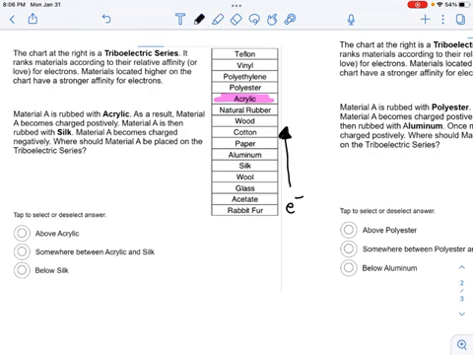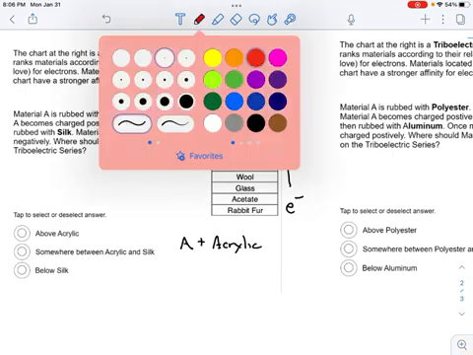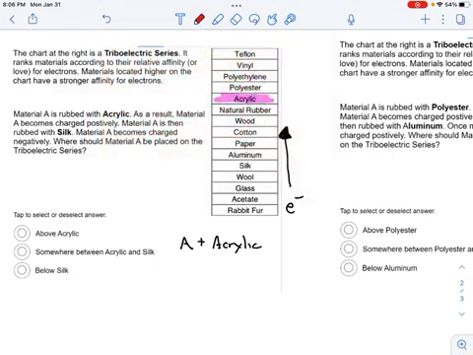Okay, so when we combine acrylic with material A, and you can organize this any way you see fit. If you look at that, you rub material A with acrylic, and the exchange of electrons is like this. Material A becomes positively charged. That means that electrons must have flown off of A onto the acrylic.